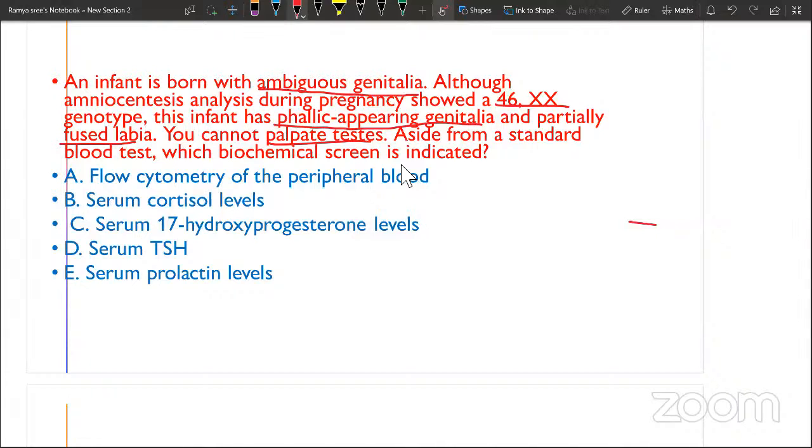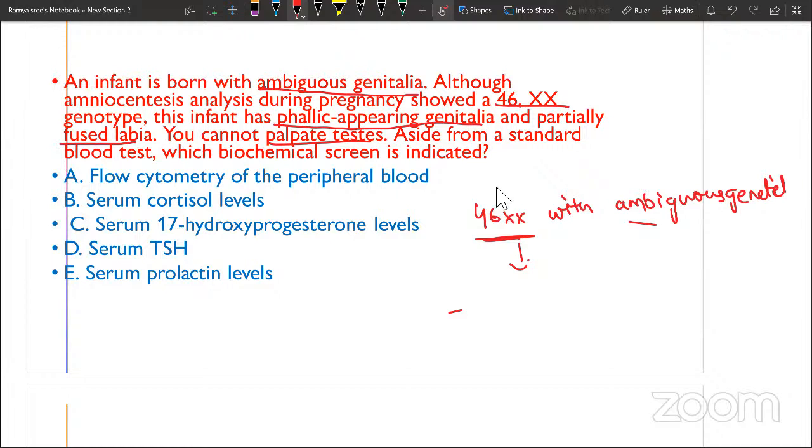What are you suspecting? 46XX with ambiguous genitalia. What is the most common cause of ambiguous genitalia in female? Excellent, Shruti. You're correct. I see many of you answering this question correctly. Very good. Excellent.